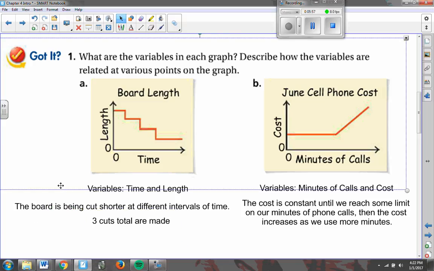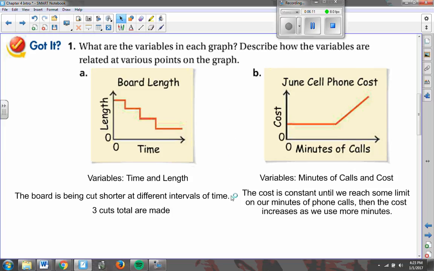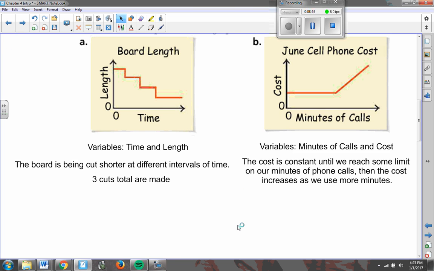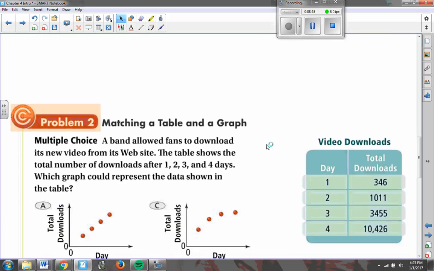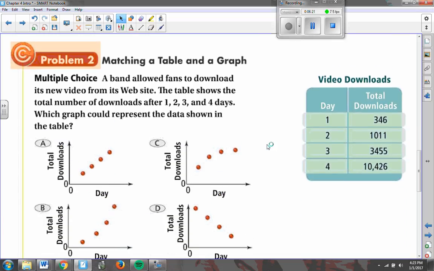Okay, so I'm telling them what the variables are, what the 2 labels on my axes are, and then I'm sort of describing what I see happening in this graph. Okay, so hopefully that's something you feel like you can do on your own. The other thing that we have to be able to do with graphs in this video is to understand how a graph is related to a table of numbers or a table of values.